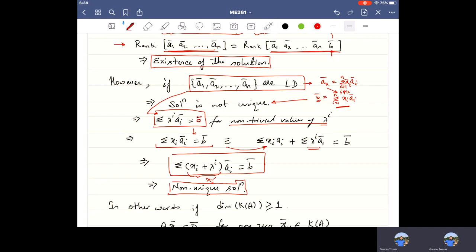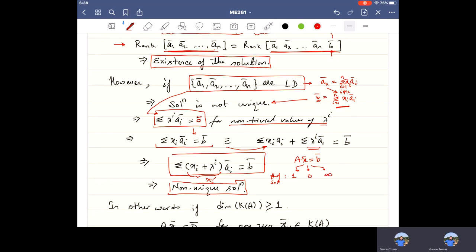So for any given linear system of equations Ax is equal to B, there are three possibilities: a unique solution, where the number of solutions is 1, no solution, or, if it is not 1 or 0, then it has to be infinite. You cannot say I have only three different solutions for this system.